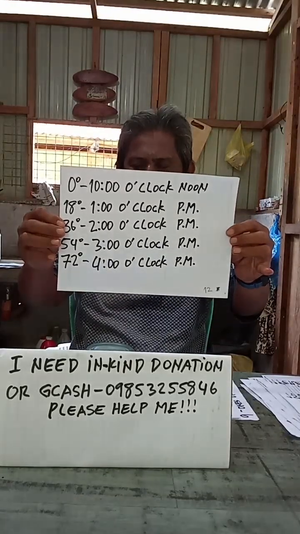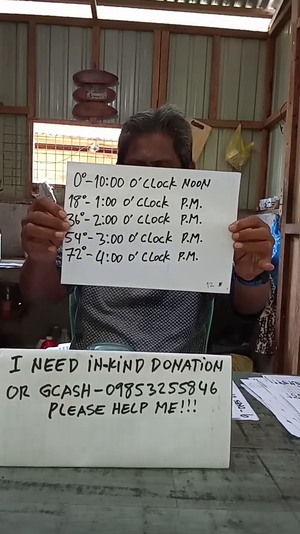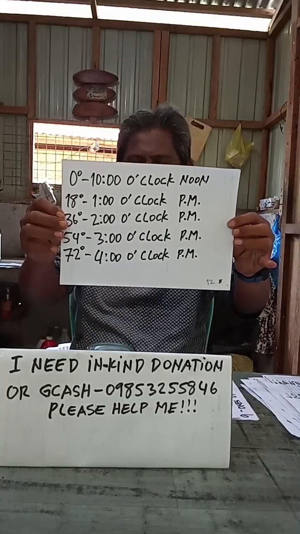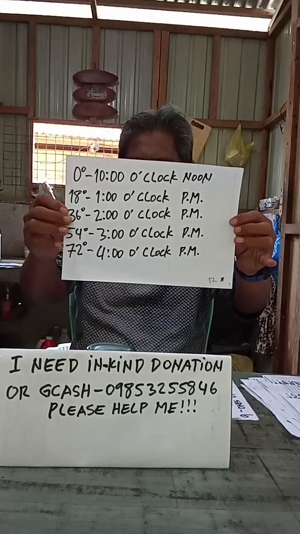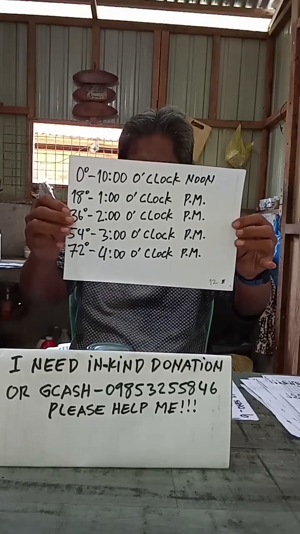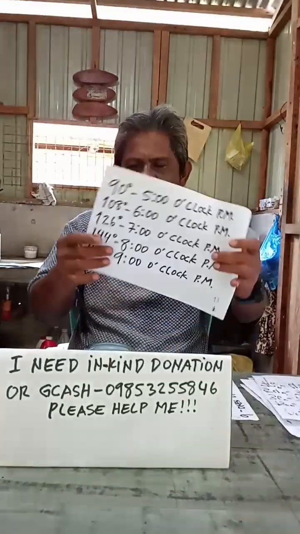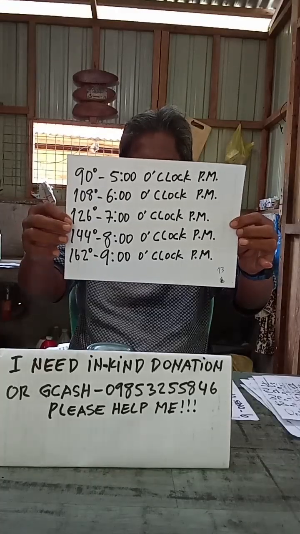Then 18 degrees is 1 o'clock p.m. 36 degrees is 2 o'clock p.m. 54 degrees is 3 o'clock p.m. 72 degrees is 4 o'clock p.m. 90 degrees is 5 o'clock p.m.